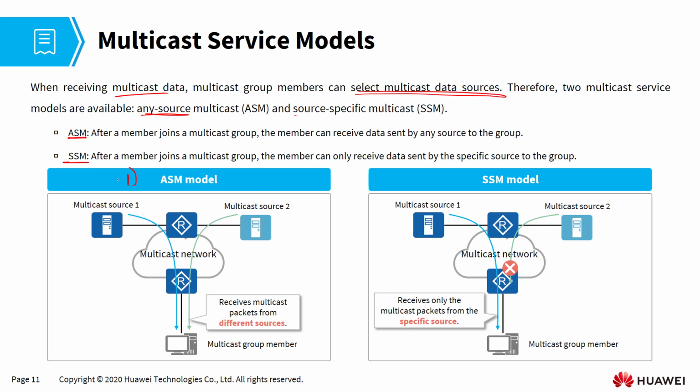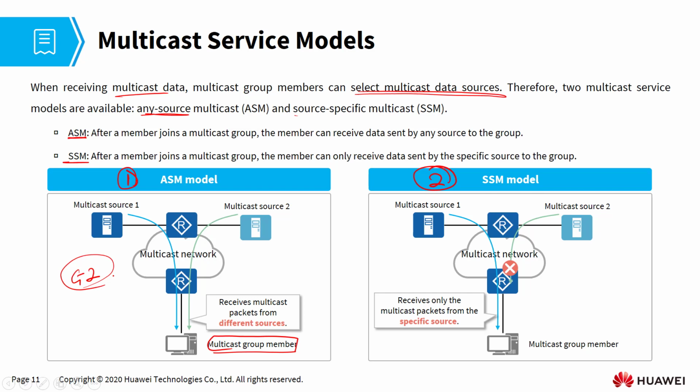Let us use these 2 figures to explain what these 2 mean. If we have a multicast group member who simply says, I want to receive traffic from group 2, traffic headed to group 2, send me a copy of it, that's all he's saying.